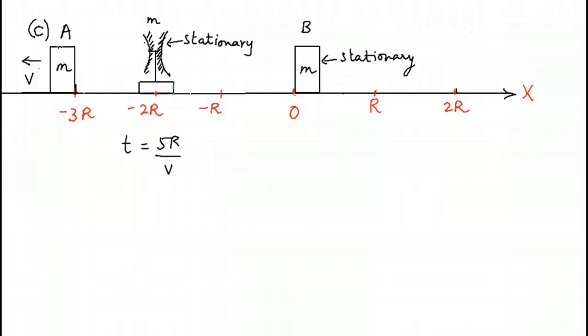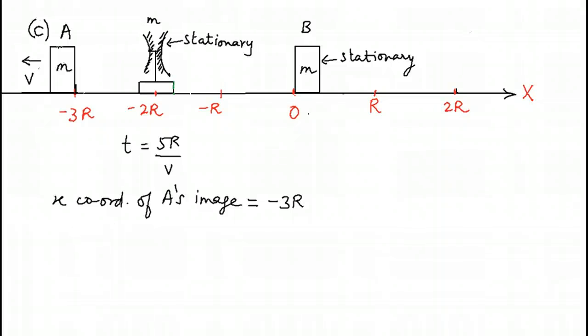A is in front of the left hand side mirror, and this distance is equal to r, the radius of curvature. So obviously A is at the center of curvature of this mirror, and therefore its image must be at the same location, that is x is equal to minus 3r, which would then mean that the x coordinate of the image of A would be equal to minus 3r.